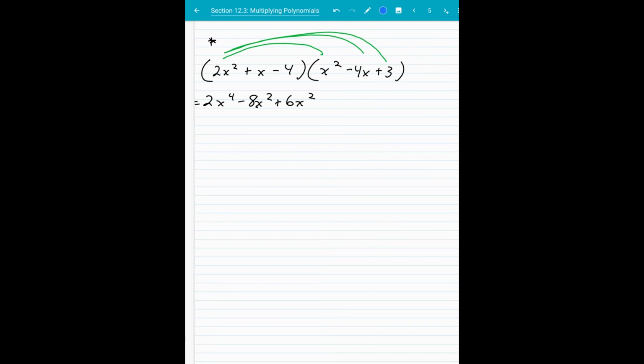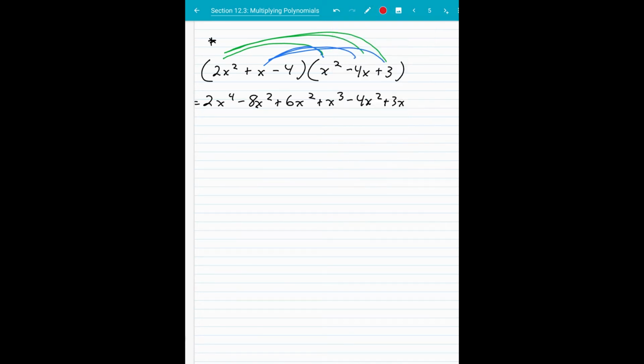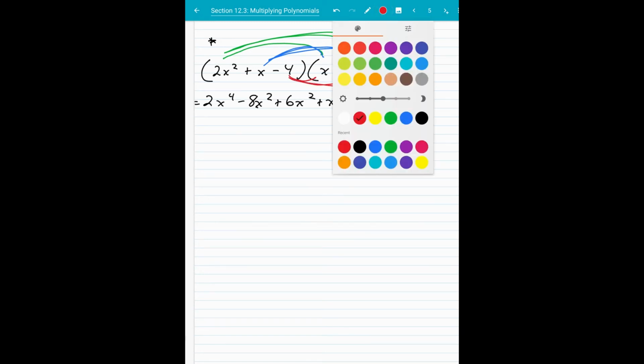Now we have to distribute the second one to everything on the right side. So x times x squared makes x to the third. X times negative 4x squared. X times 3 makes 3x. And the last one, we have to distribute the last term to everything on the right side.